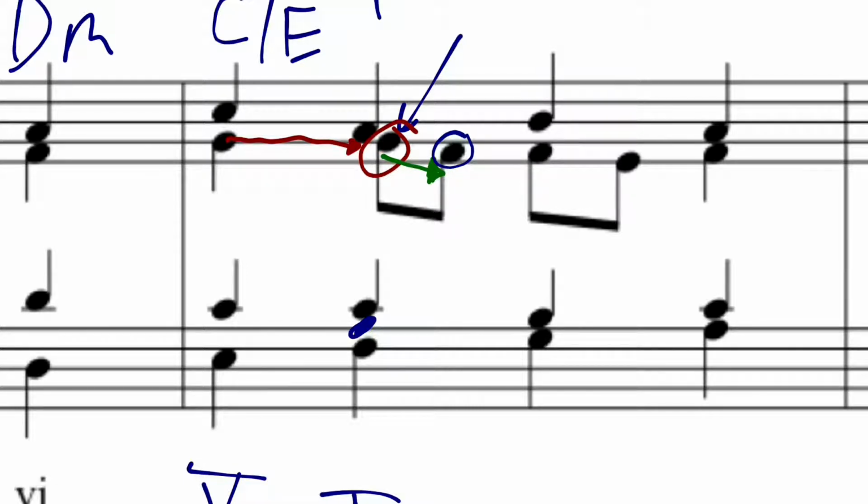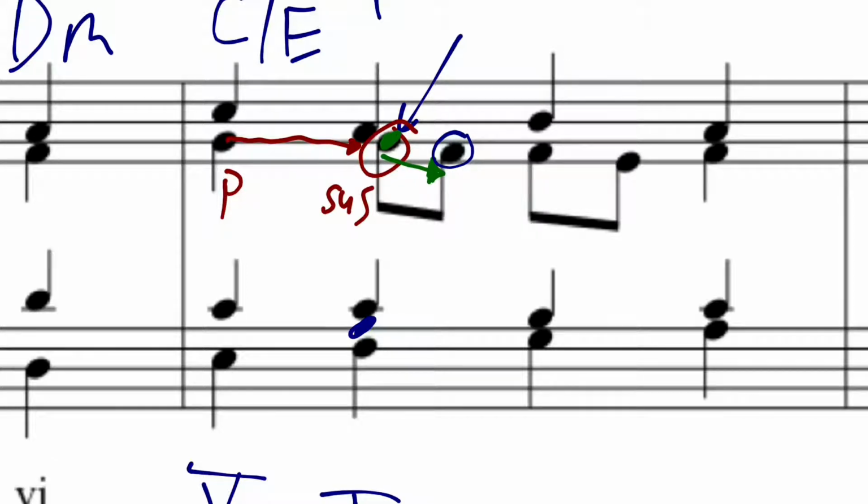So this would be called the preparation, because it's part of the previous chord, totally a chord tone. But then it lags behind, it stays, right? We keep this note from the previous note. And so it's suspended now over the new harmony. It's not part of it. Okay, so that's our suspension.